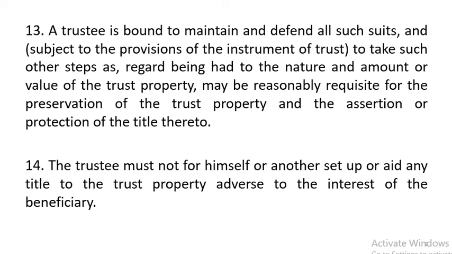The second thing is not to set up or aid a third party's title against the trust. This is because the position of the trustee being fiduciary, it is not open to him to set up any title adverse to the beneficiary.